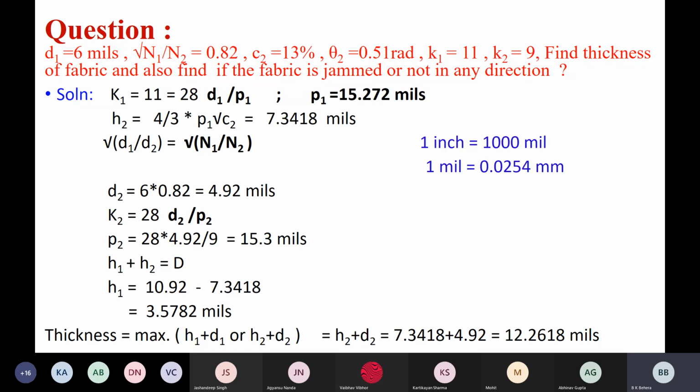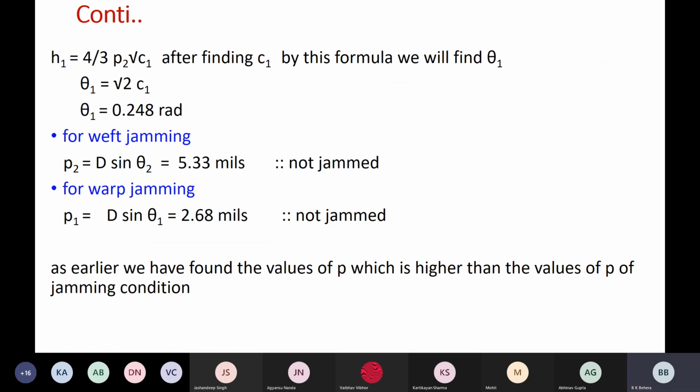After this, you can find out theta 1 and theta 2. We already know this approximate formula: theta 1 is root 2 C1. We have derived this formula, from which you can find the weave angle of warp. Then testing of jamming. For weft jamming, we know P2 is equal to d sin theta 2. You are getting this value, and the P2 value we have already calculated. It is not the same.